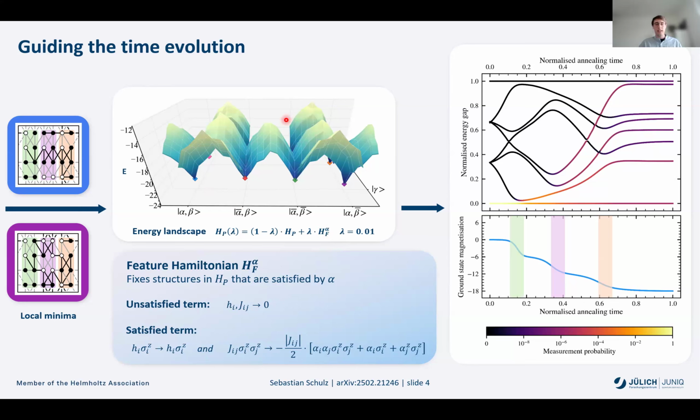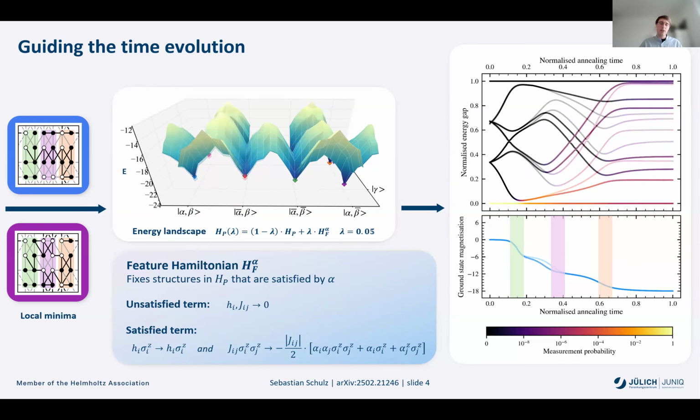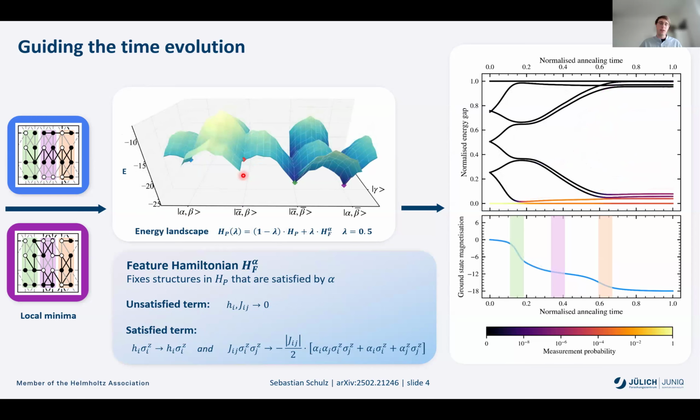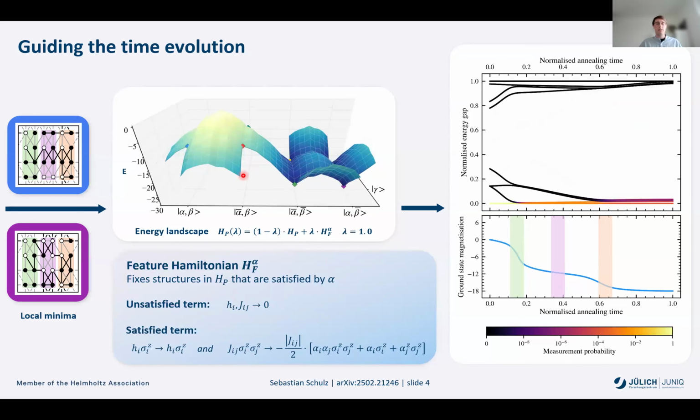Let's start here with the energy landscape. You can see as we increase the strength of our feature Hamiltonian, we significantly simplify our energy landscape such that at the end, we are left with an energy landscape where we have removed many of these local minima and energy values. So you can see all these 4 energy values that used to be here, they're now completely flat.